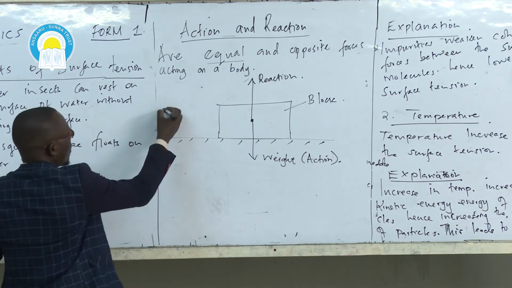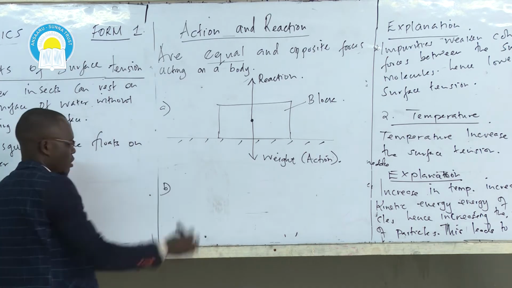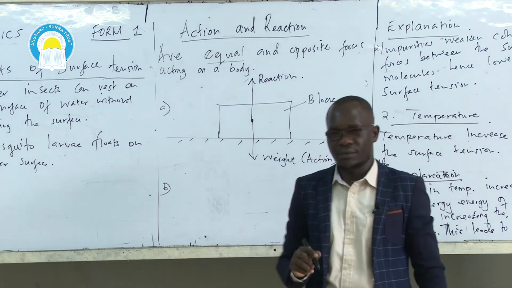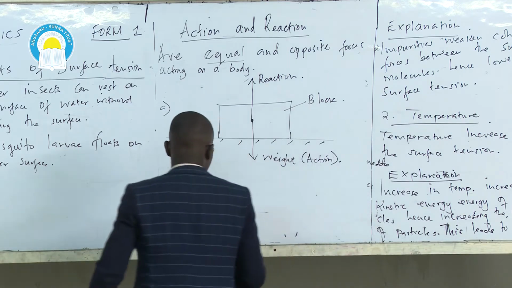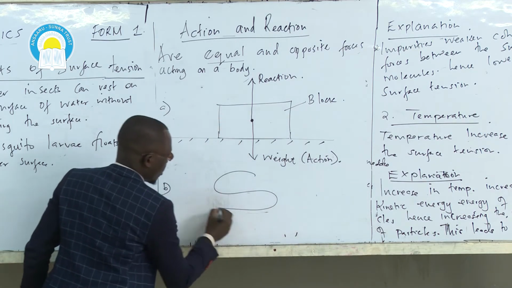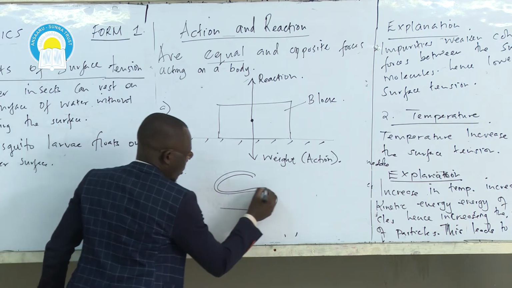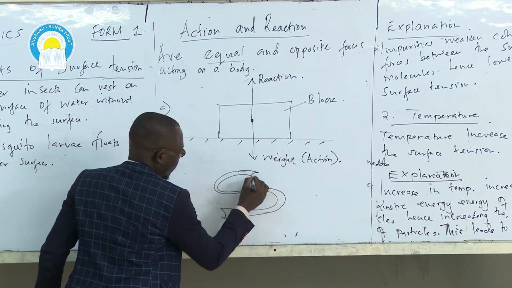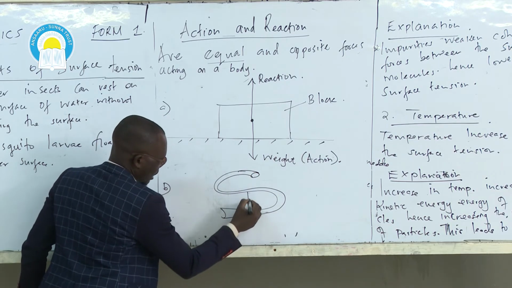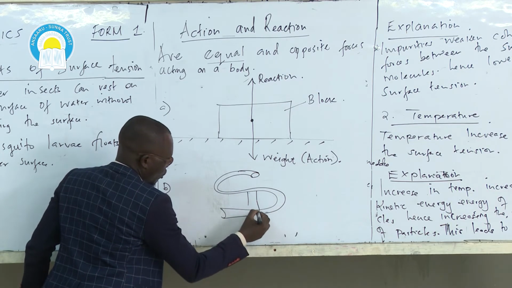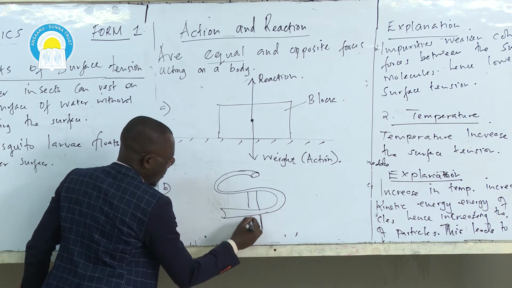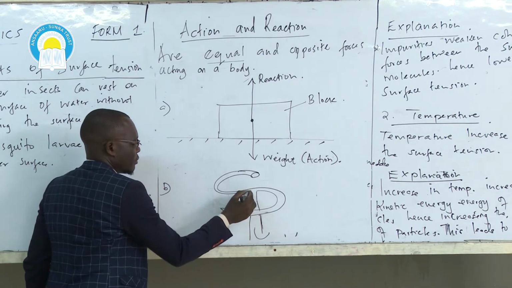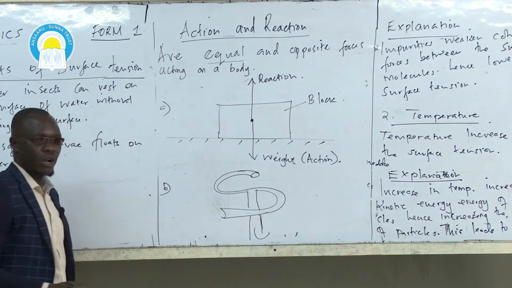Another demonstration of action and reaction force. We have what we call the farm sprinkler. In the sprinkler, that is a hose pipe. The hose pipe is letting in water. Now, what happens is this.